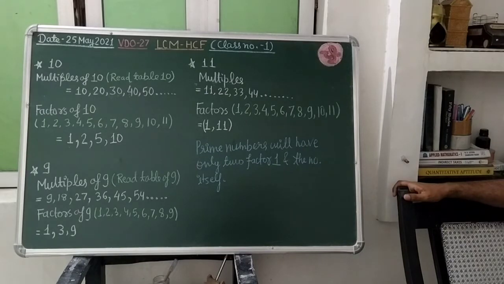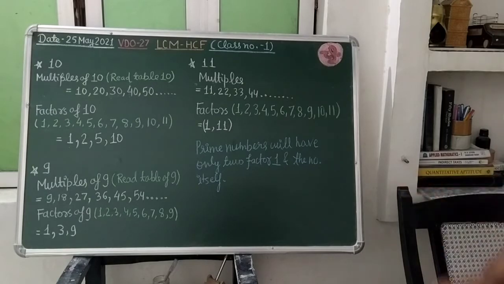So a prime number will have only two factors, 1 and itself, as a prime number is divisible by 1 and itself. Since the prime number is divisible by 1 and itself, and factors are the numbers which divide the given number, the factors of a prime number will be 1 and itself.